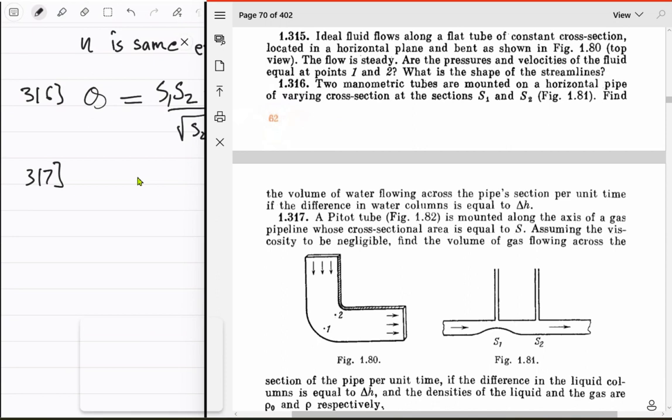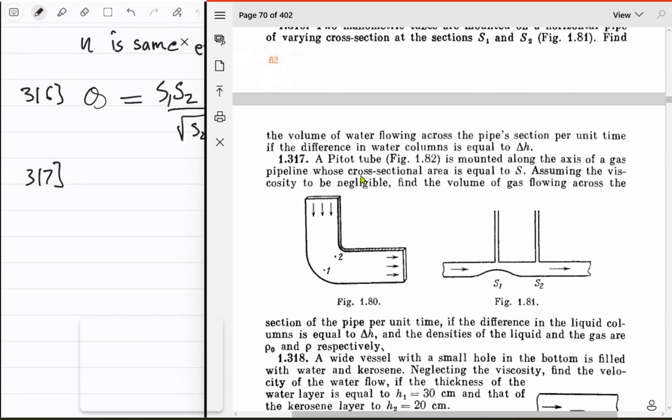317. A pitot tube. Okay, this is a new word for me. I know what this is, but I never called it by this name.